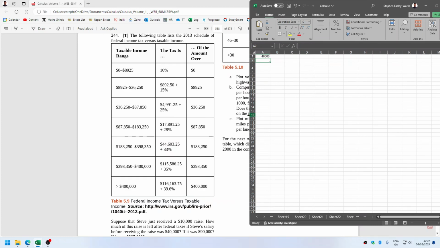I'm going to say we'll choose the bands to be favorable to the person taxed. So that's 8925.